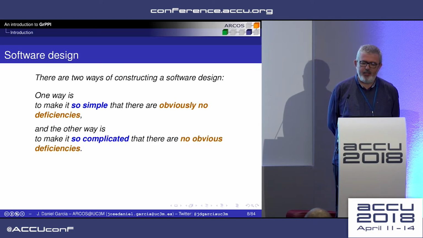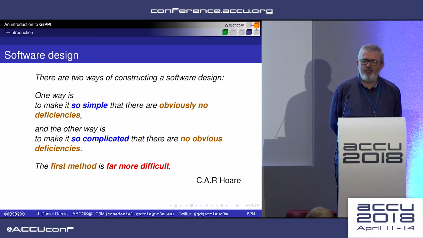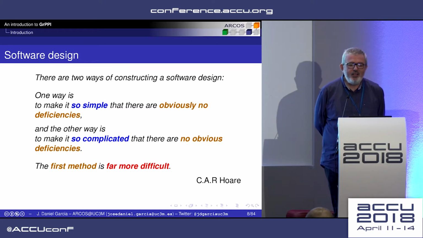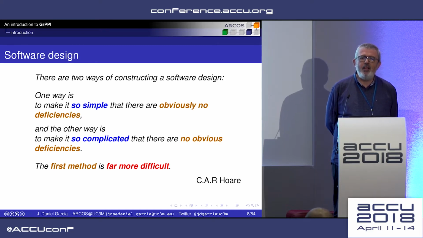And the other way is to make it so complicated that there are no obvious deficiencies. This is from Tony Hoare, and the first method is far more difficult. My feeling is that continuously when we do parallel programming, we are using the second method. And this is why it is so difficult to find bugs in our parallel programs.